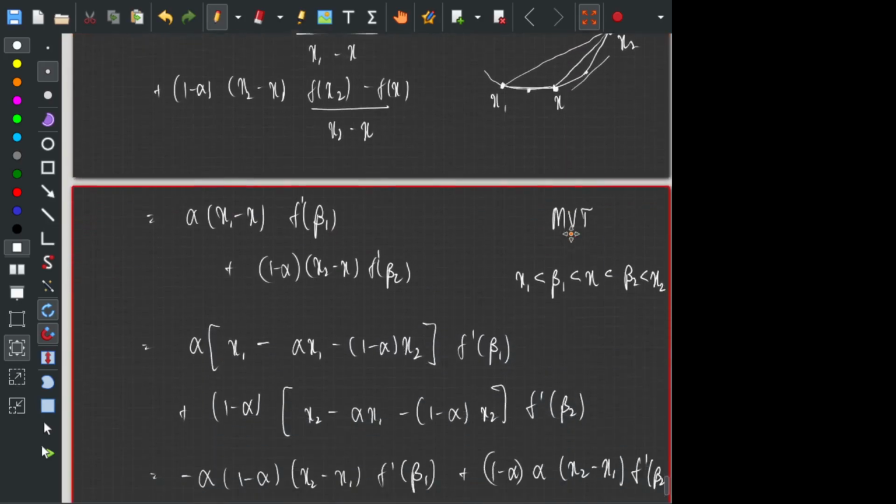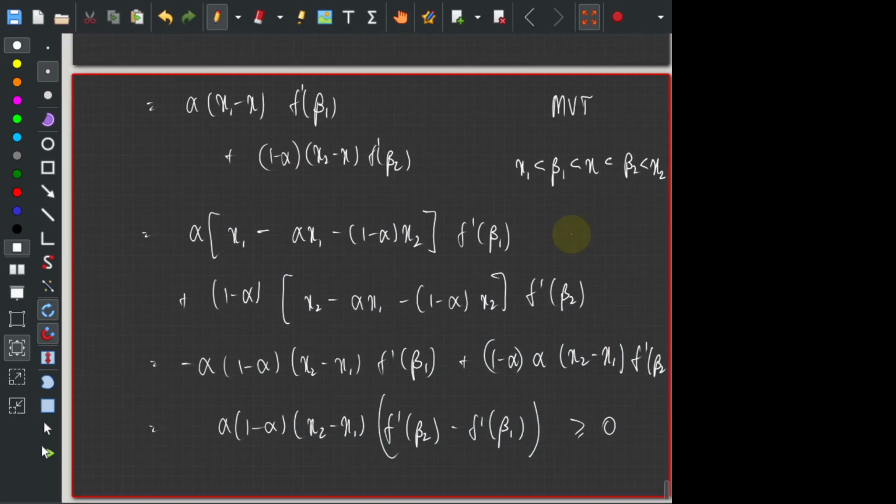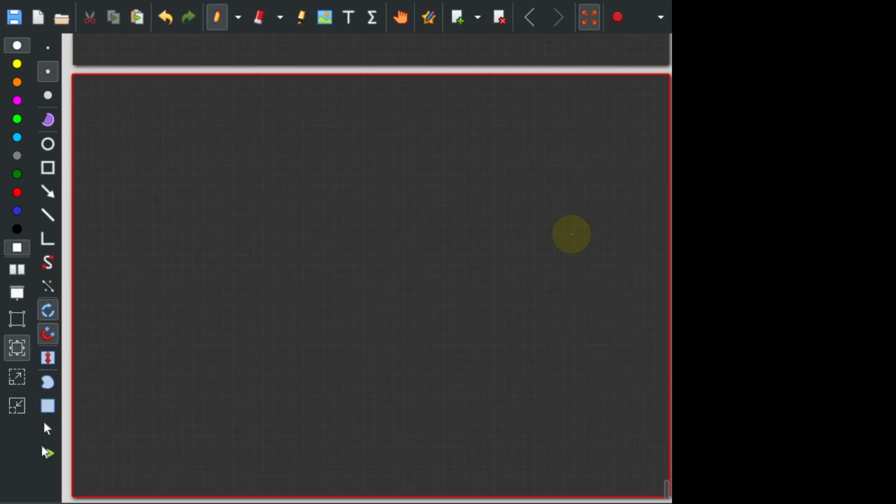Okay, so then let's try to prove the other way around. That is, if a function is convex, then the second derivative must always be non-negative. So the reverse implication. What do we want to do?